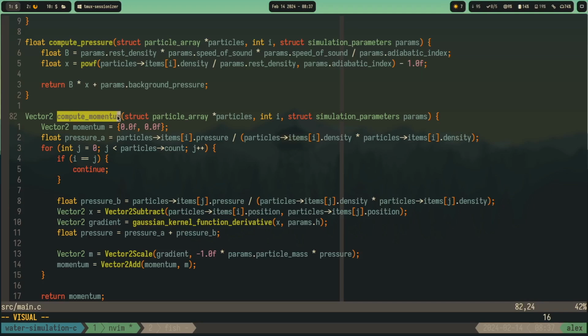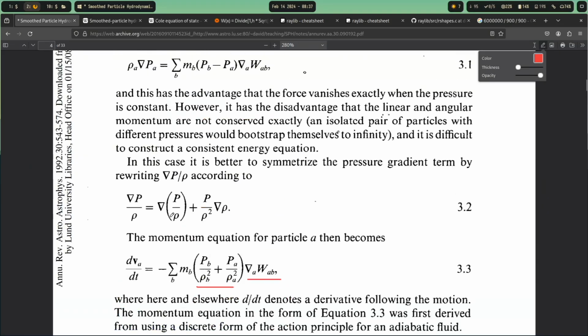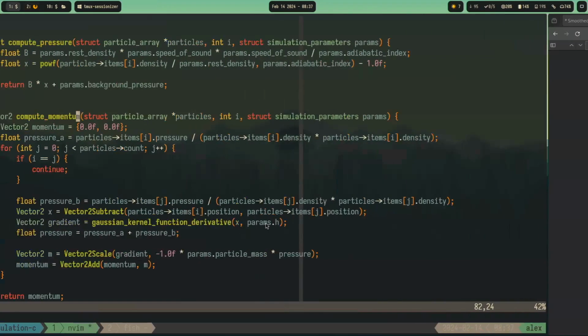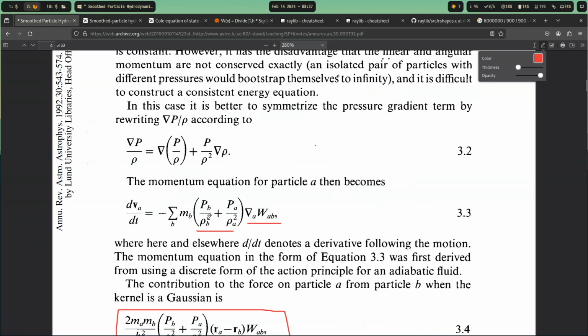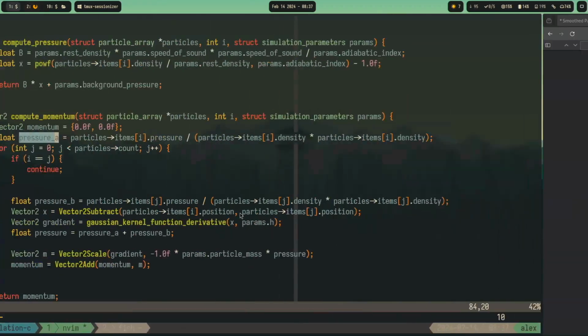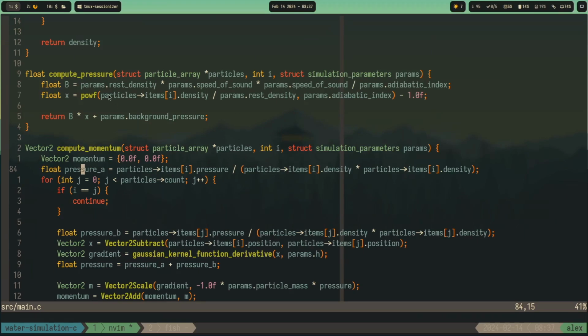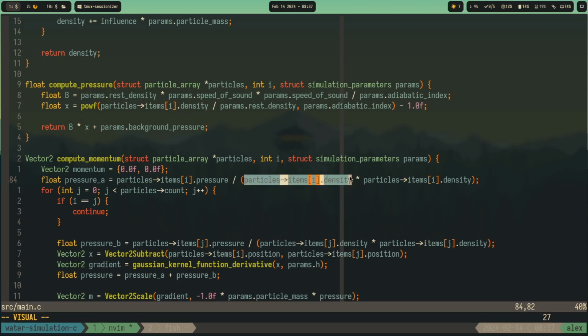Anyway, when we compute the momentum, let's look again at the formula for momentum. It was this one. We basically take the pressure of A and divide it by the density. If we divide the pressure by the density, this would make sense, somehow this would cancel out with this.